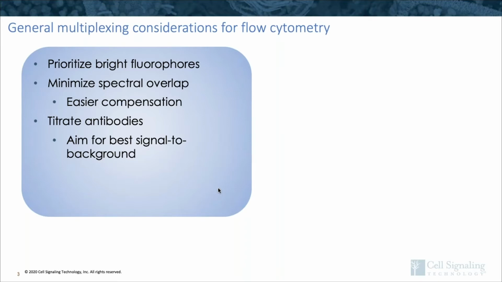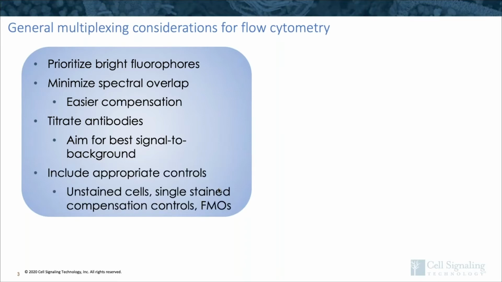And you're going to want to aim for the best signal to background, so the best separation between the negative and the positive samples that you're testing. Again, to make it easier to distinguish positive and negative signal.